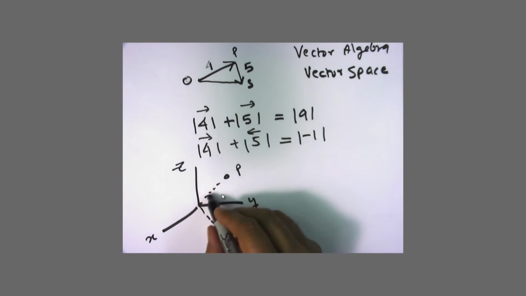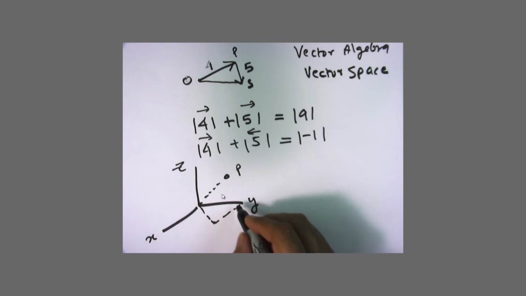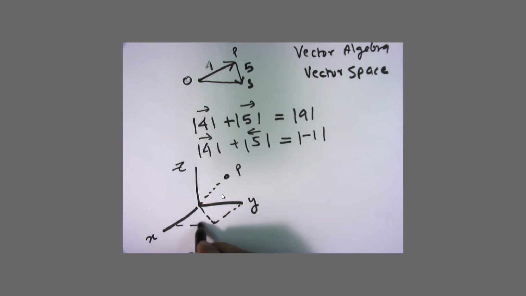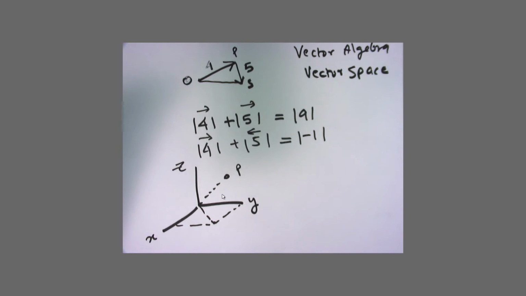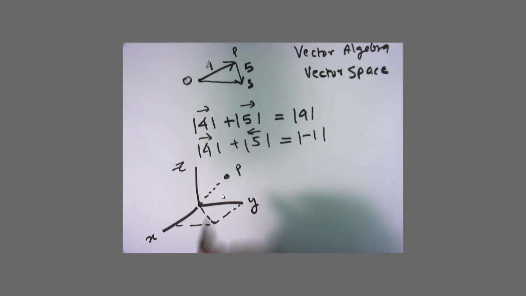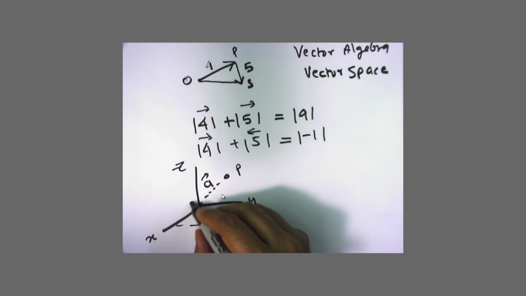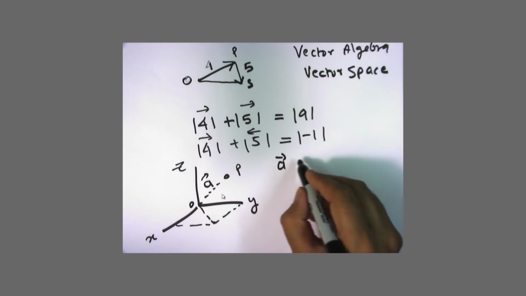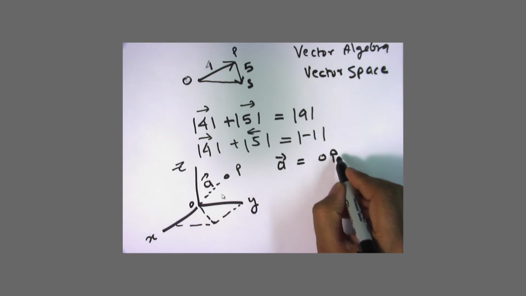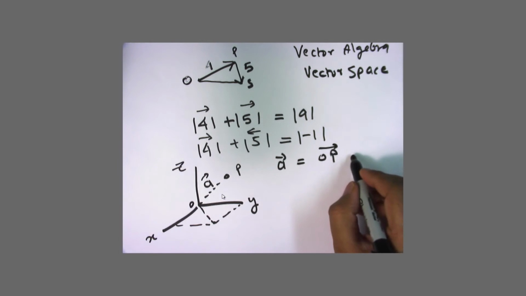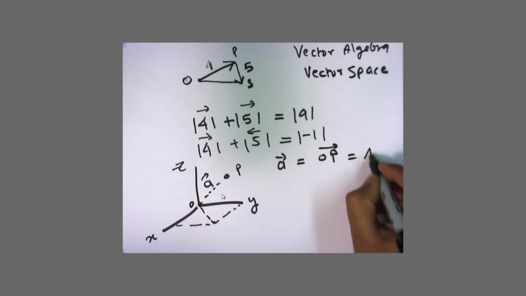So, if you look at the projection of this here, then I have two components, one in x direction and one in y direction. So, if I look at that A, let us say this is the A vector, then this is O point. So, A vector is equal to OP, and that is vector in terms of A.